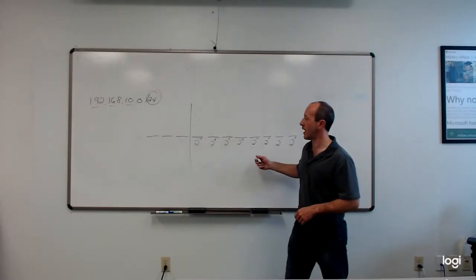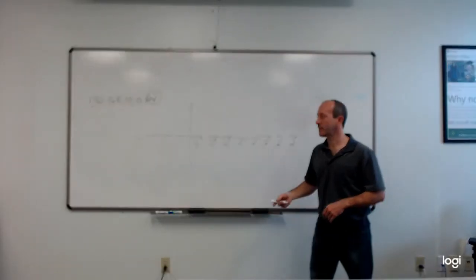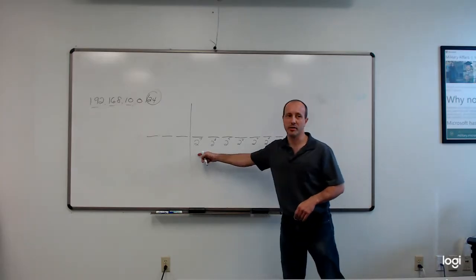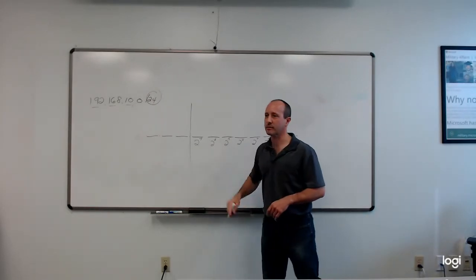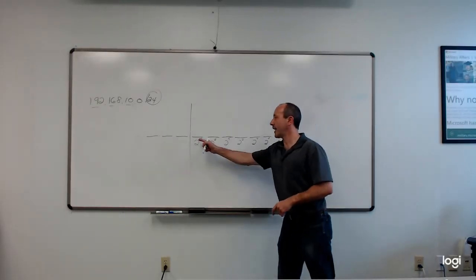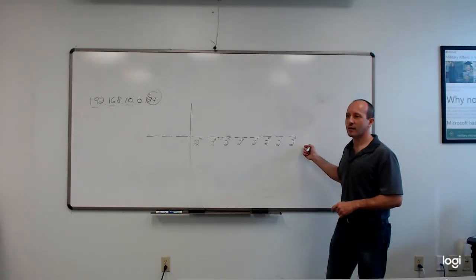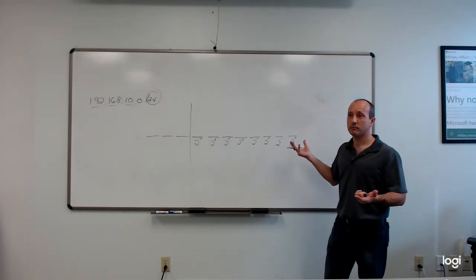It doesn't matter which octet I'm in. I've got 8 bits per octet, base 2 because it's binary, exponents 0 through 7. 8 bits. Hopefully you see that. Each of these binary numbers has a decimal value.